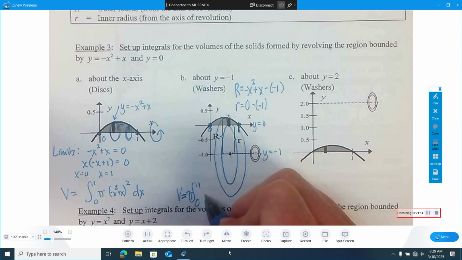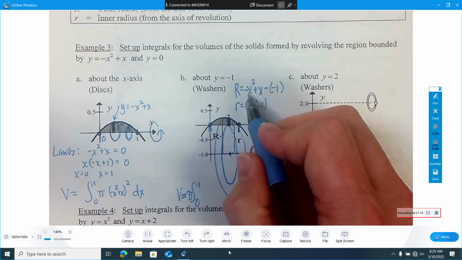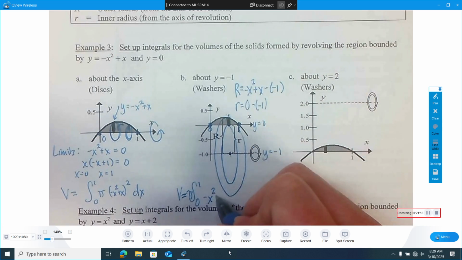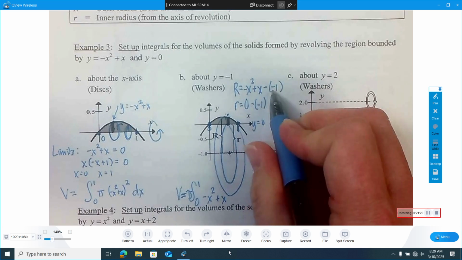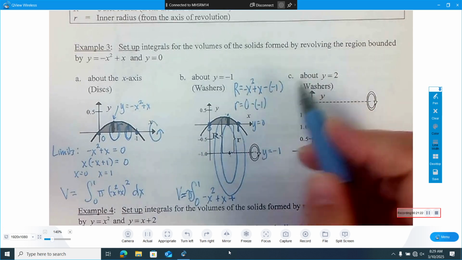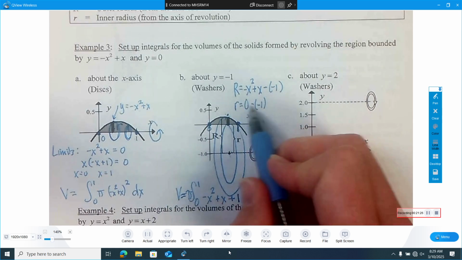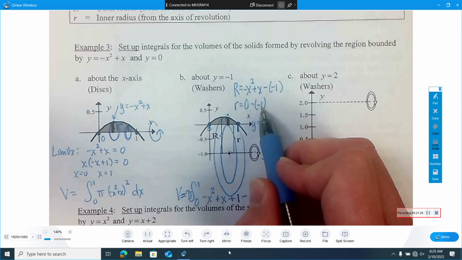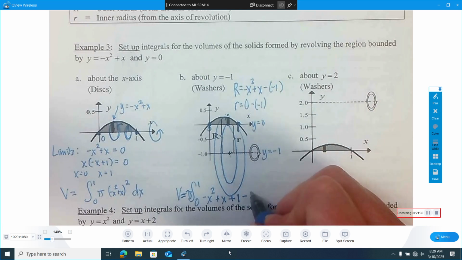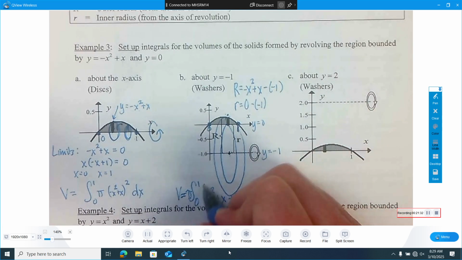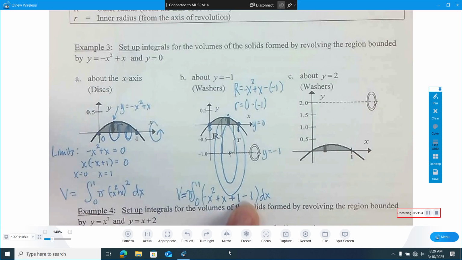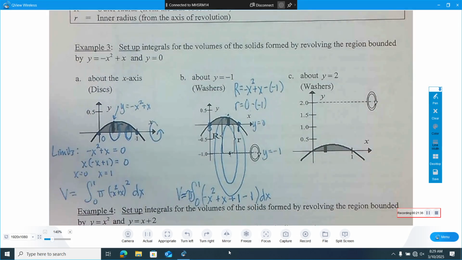And so to get our big R minus little r, we have negative x squared plus x minus the -1 turns to plus 1. And then we are going to subtract 0 minus the -1, which is just 1. Which of course, plus 1 minus 1 would clean up.